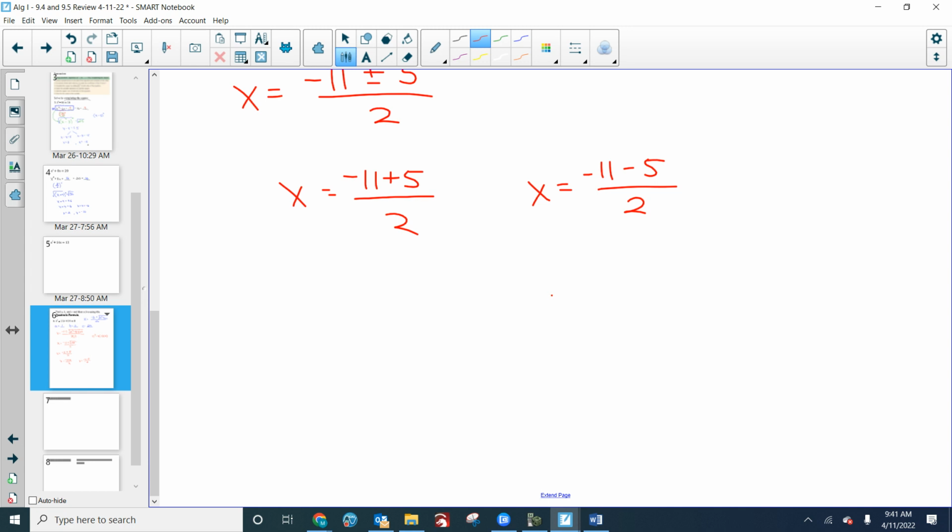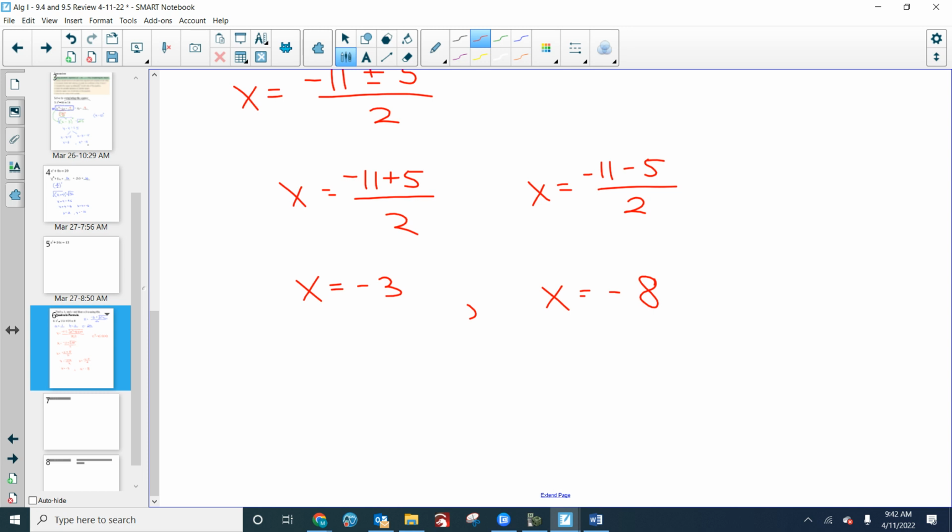Negative 6, divided by 2 is negative 3. Negative 11 minus 5 is negative 16, divided by 2, negative 8. Can both of them be negative? Yeah, the parabola crosses the x-axis in the negatives, both times.